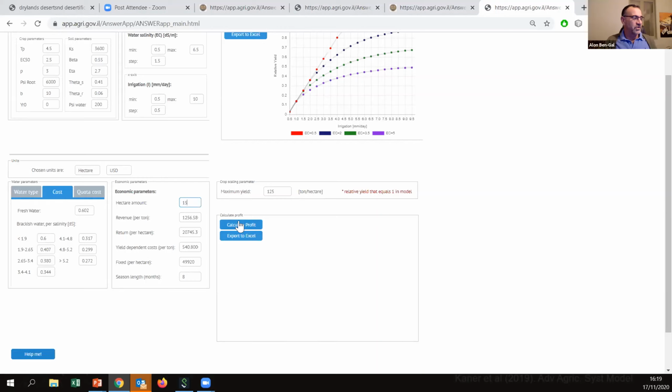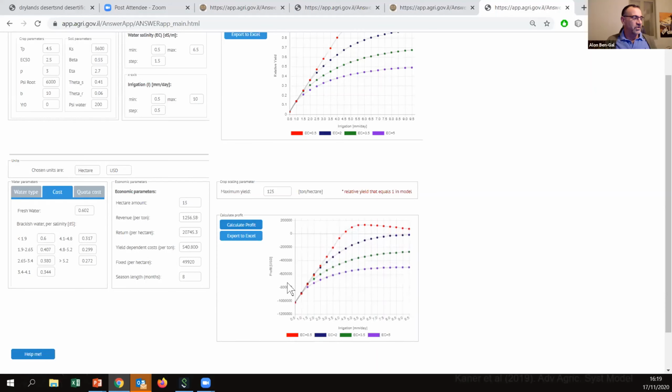So now a user can come and get a profit response curve, and sometimes the optimum amounts aren't trivial and not obvious.